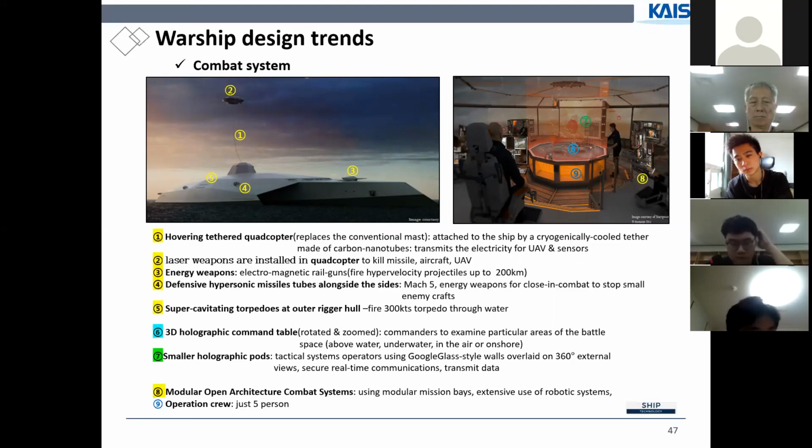And modular open architecture combat system, using modular mission bays, extensive use of robotic systems, and operation even in very complex situations. And Professor Na, we need to close this session.